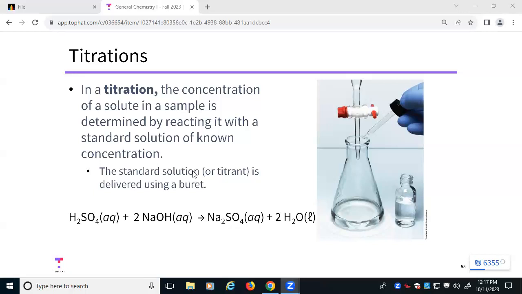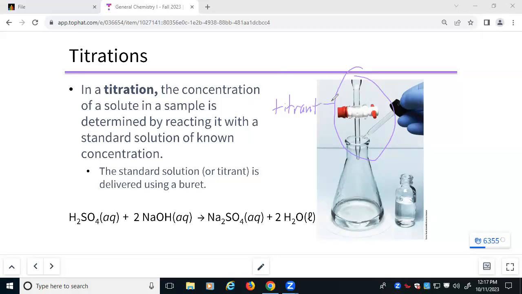Now, a couple of terms that get thrown about here. The solution that is in the burette, the one that we know, is referred to as the titrant. The solution that we don't know the concentration of, the one that we're trying to find, we call that the analyte.